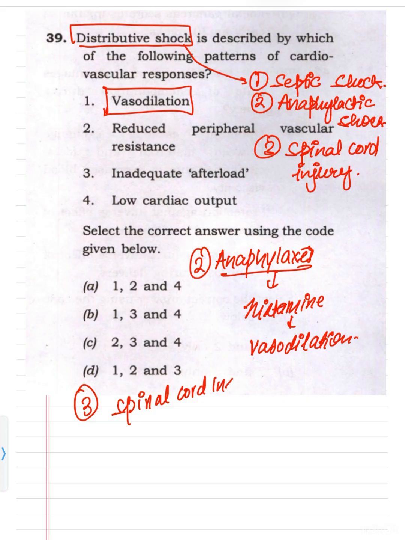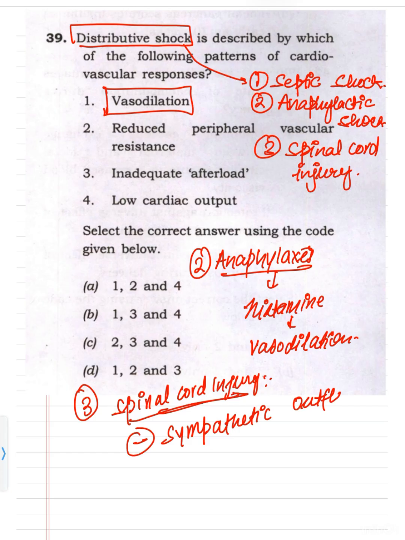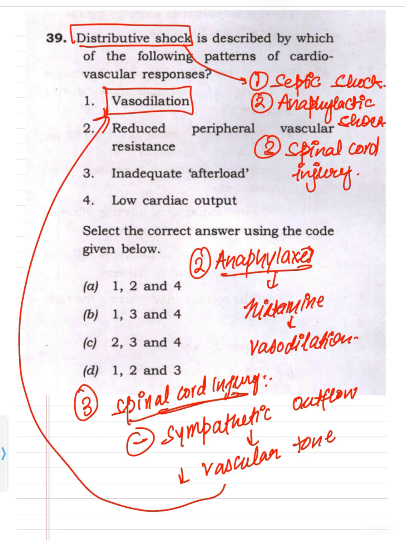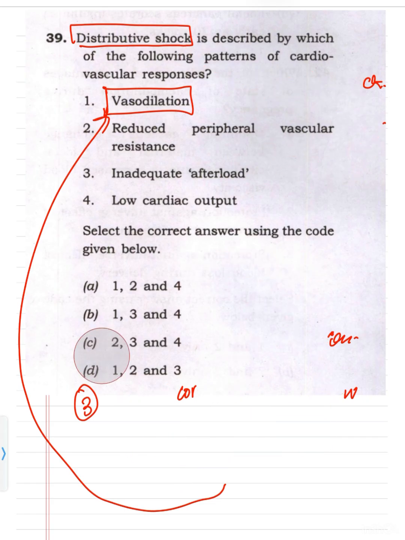In spinal cord injury, there is inhibition of sympathetic outflow, leading to decreased vascular tone. So there will be vasodilation. This is the reason why in distributive shock, be it septic shock, anaphylactic shock, or spinal cord injury, there is vasodilation.